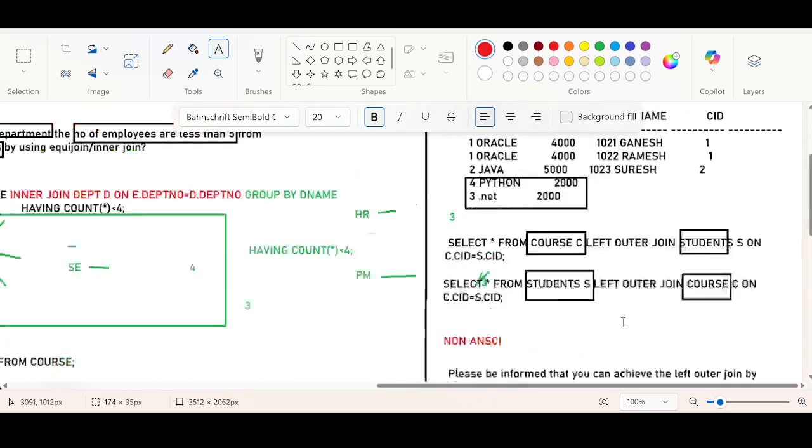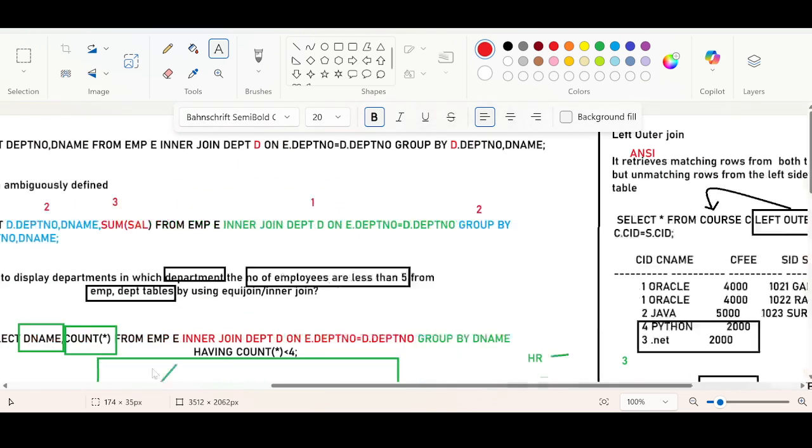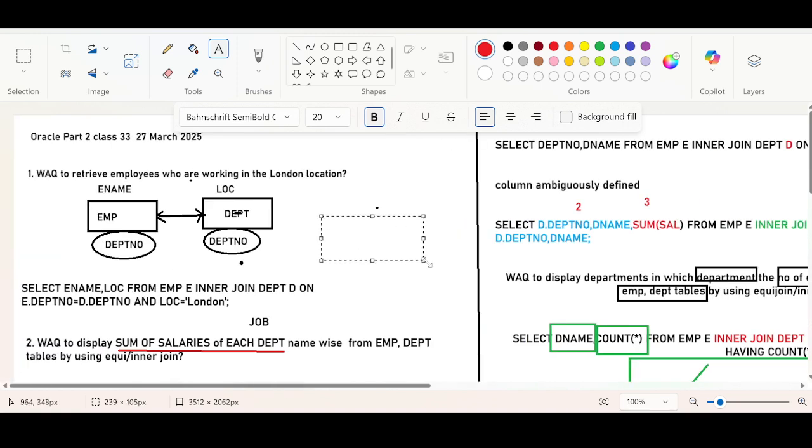Okay. Tomorrow we'll discuss the non-equi joins. That will also be interesting. Non-equi joins, where you will be using operators like greater than, lesser than, greater than or equal to, lesser than or equal to, not equal to, and the between operator.